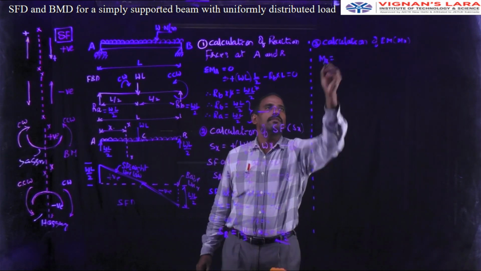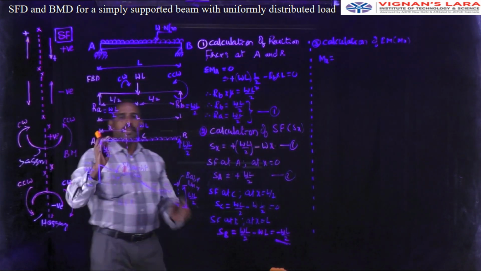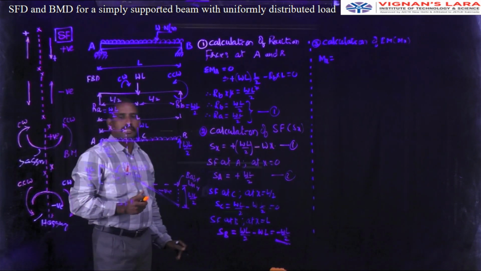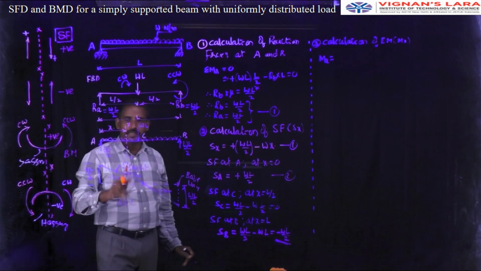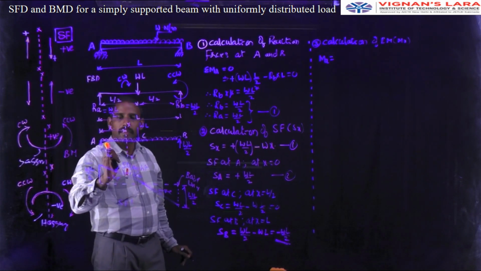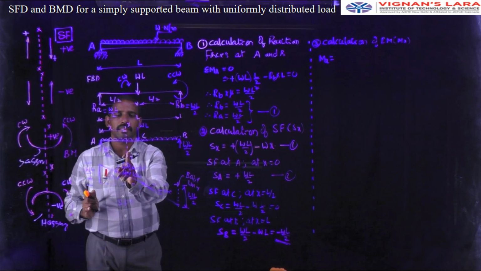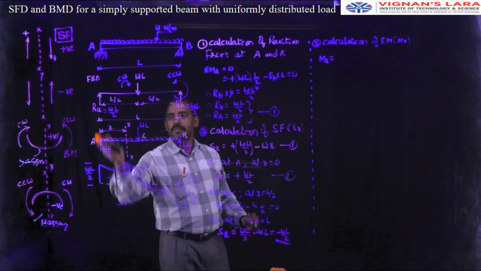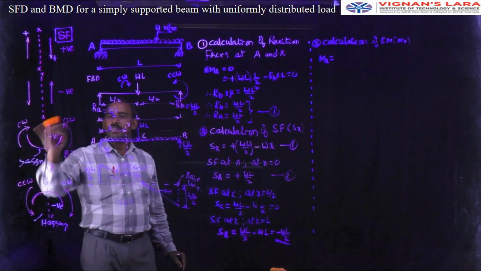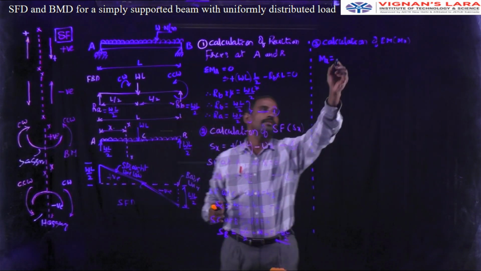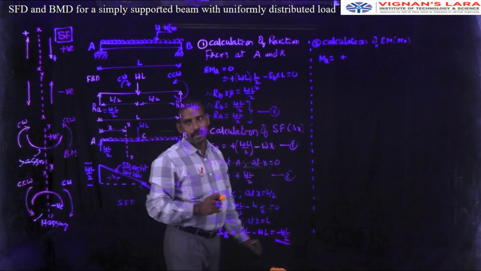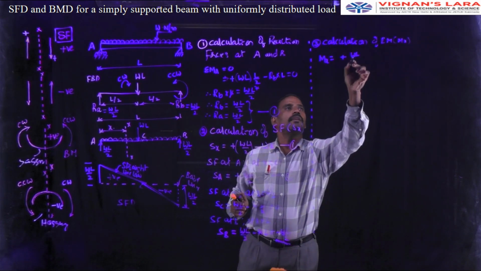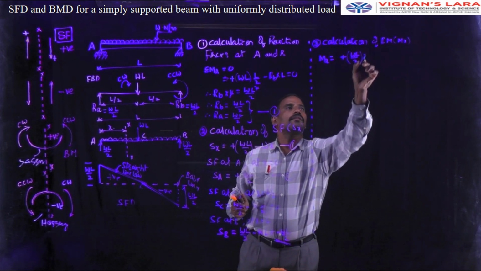Mx is equal to, now I would like to take the moment equation about the section XX. The WL by 2 into x, whatever the perpendicular distance from the section XX to the WL by 2, it produces the clockwise moment left to the section, simply taken as positive, very simple. So what about its value? That is equal to WL by 2 into x.